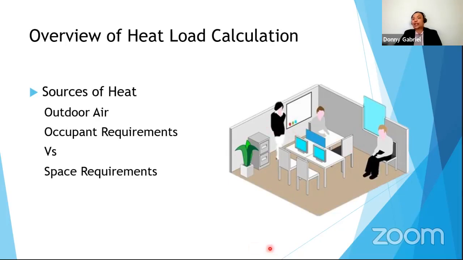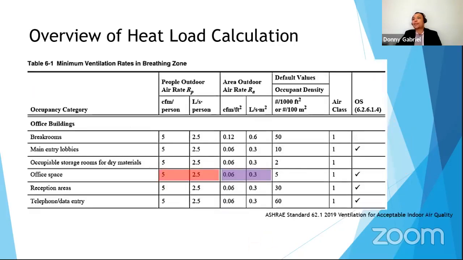Okay. So let's calculate both. First, yung occupant requirements. So again, kanina pinag-usapan natin yung density, no? Okay. So because of the density of the people, we would know how many people are needed, and we can multiply it by the airflow rate required by each person. Again, this Table 6-1 can be referenced to ASHRAE Standard 62.1-2019, right?